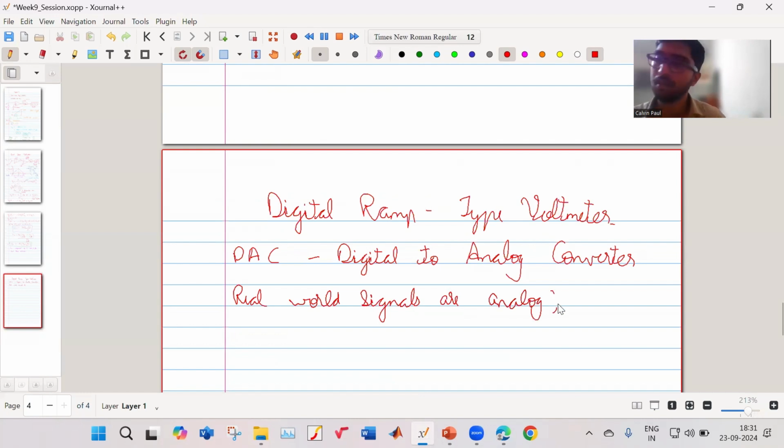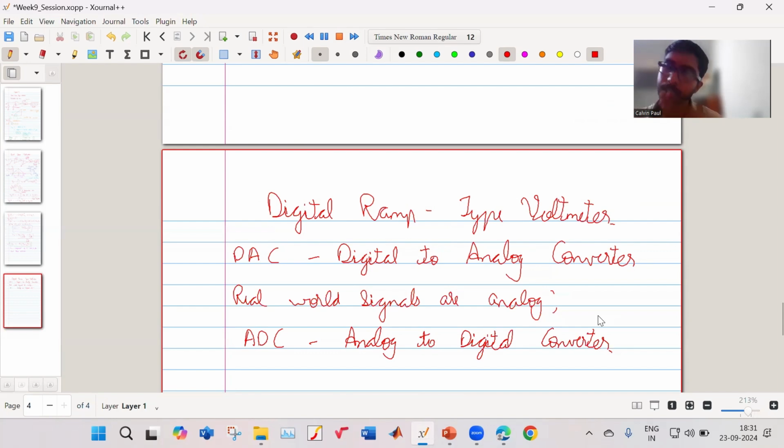But when we are using a computer, a mobile, a microcontroller, or FPGA, they are digital. They require digital values. So there is something known as an ADC, which will convert an analog value to a digital value. Okay, that is an analog to digital converter.